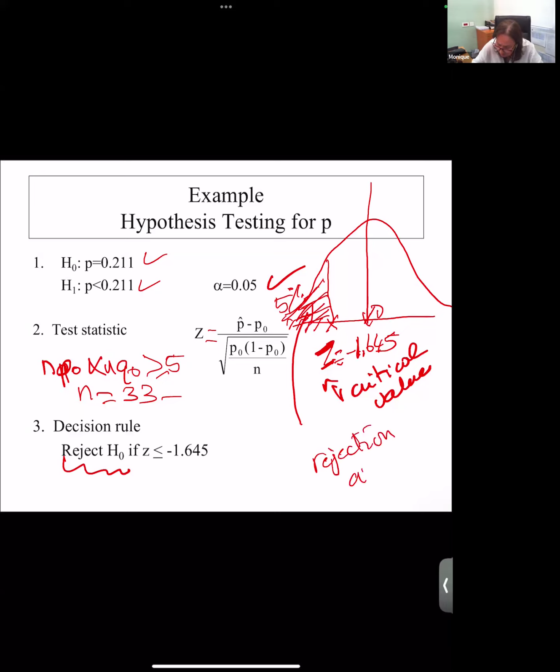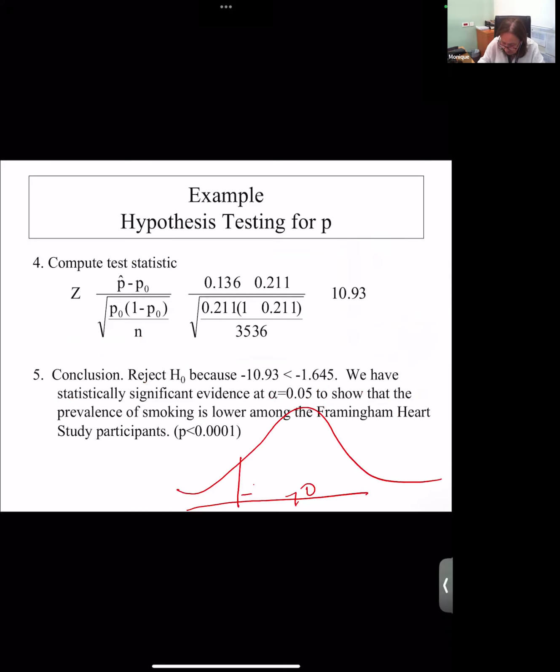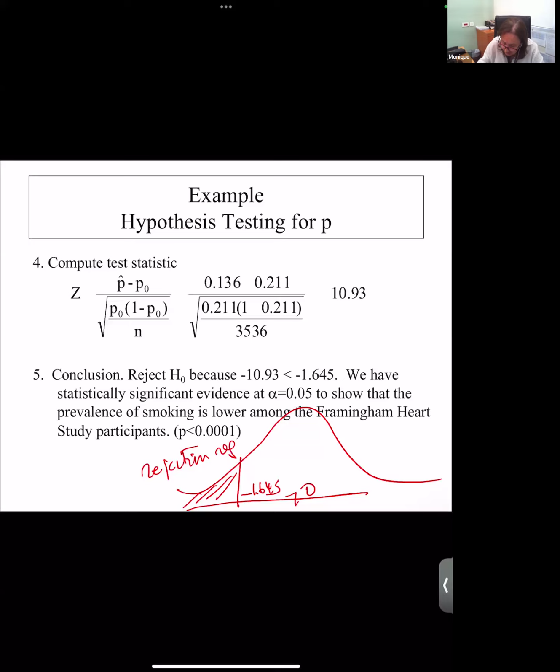If I compute a Z and any value falls here, this means I reject H0. I'll put it again here. This is 0, this is minus 1.645. This is my rejection region, which corresponds to alpha 0.05, 5%.